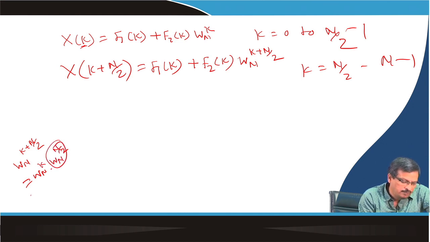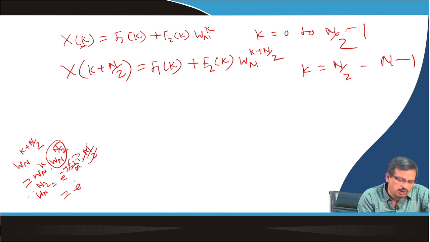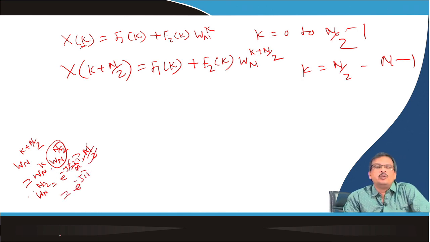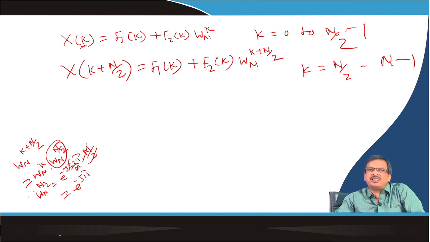So, what is this one? W_N^{N/2} is equal to e to the power minus j 2 pi by N into N/2. So, N cancels, 2 cancels, e to the power minus j pi, which is nothing but cos pi minus j sin pi. So, cos pi is minus 1.